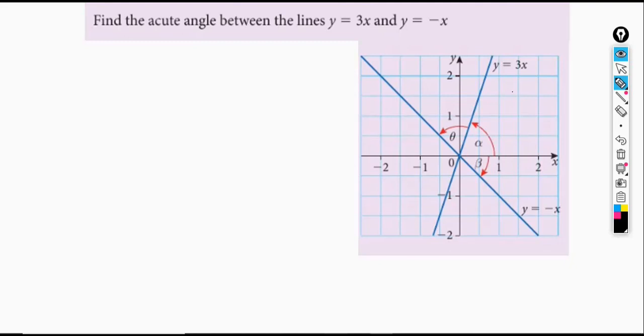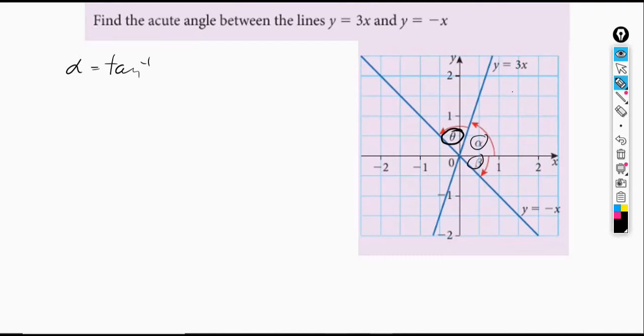So then, what they want us to find is the acute angle. So that means that they want us to find theta. But by using the inverse tangent, we're going to find actually alpha and beta. So let's start with that. Okay, so we know that alpha is going to equal the inverse tangent of the slope of that line, right? 3x.